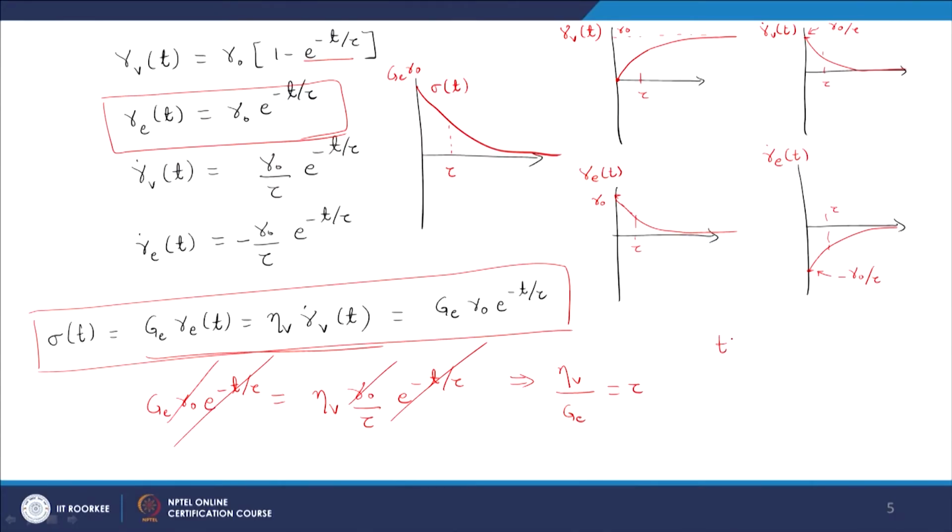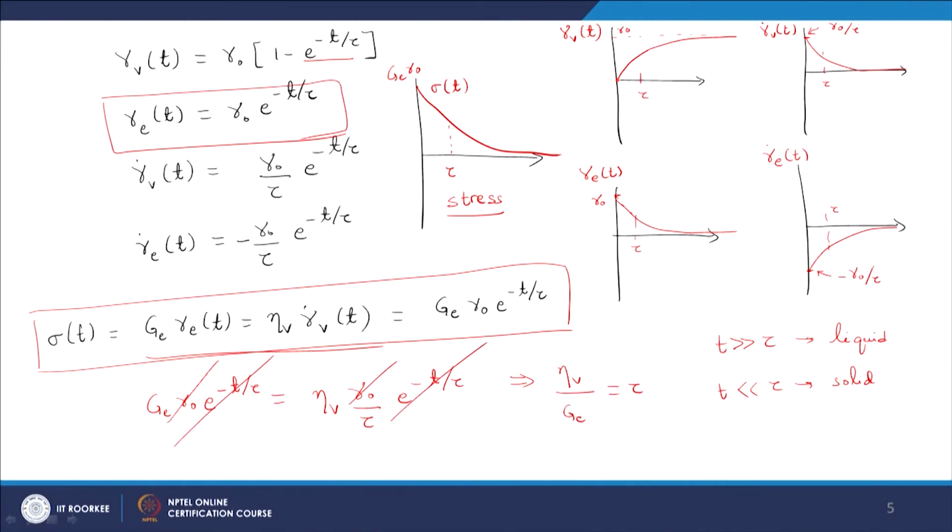At t much higher than tau, we have a liquid behavior, and for t much smaller than tau, we have a solid behavior. So, you can see, if I start looking at the first plot of the stress, the material in the beginning has a stress and that stress relaxes with time.